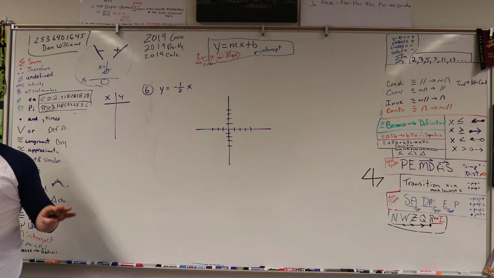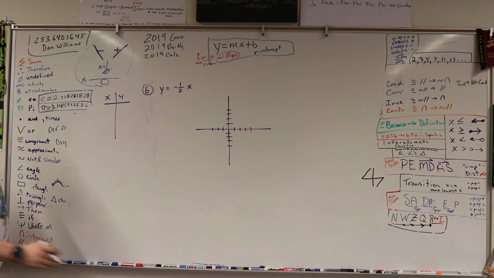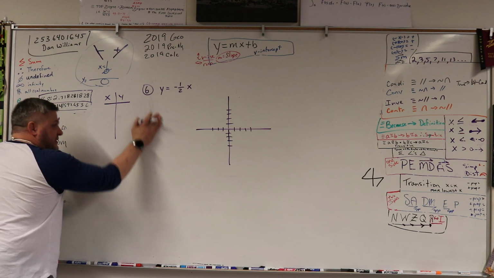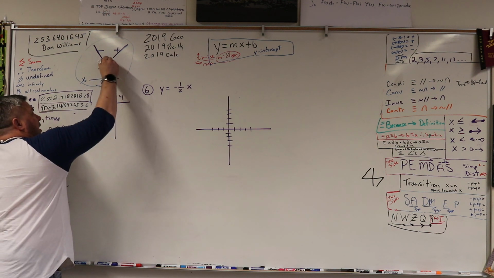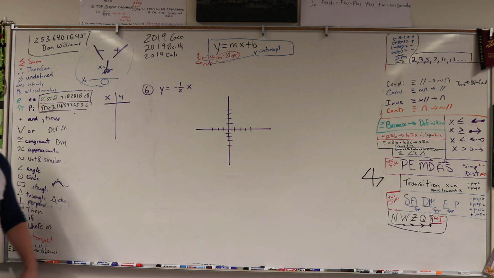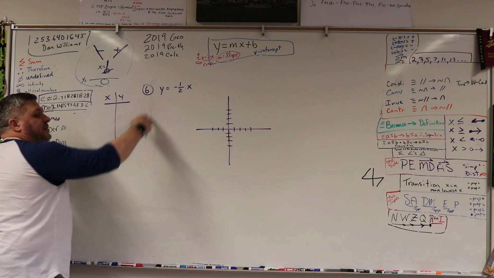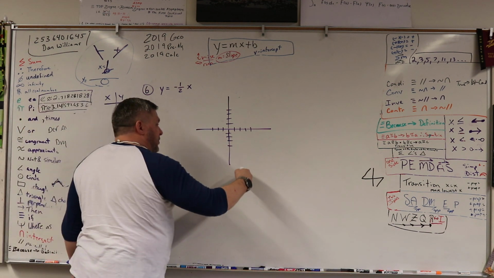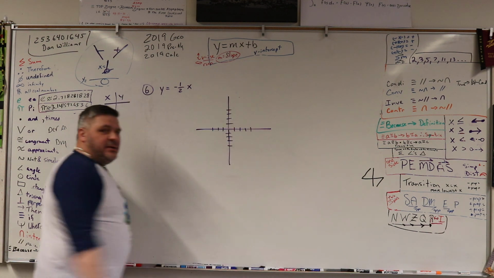No slope. That's like this. This has no slope. Straight up and down. That's an undefined slope. Okay? So that's when x equals something. You'll see it go straight up and down. X equals 3. It's going to go straight up and down at 3.